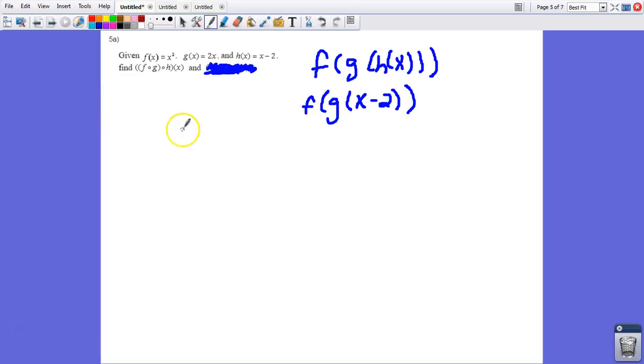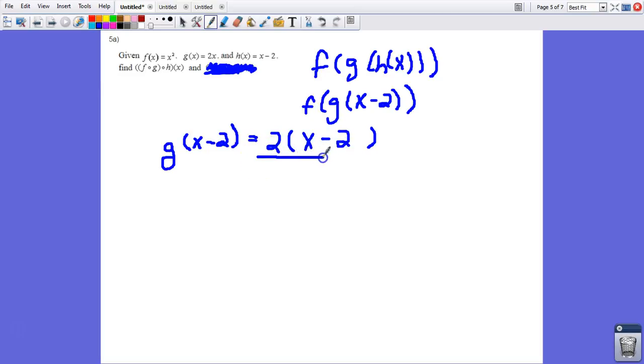So g of x is 2x, so g of x minus 2 means everywhere I see an x, instead I'm going to put x minus 2.